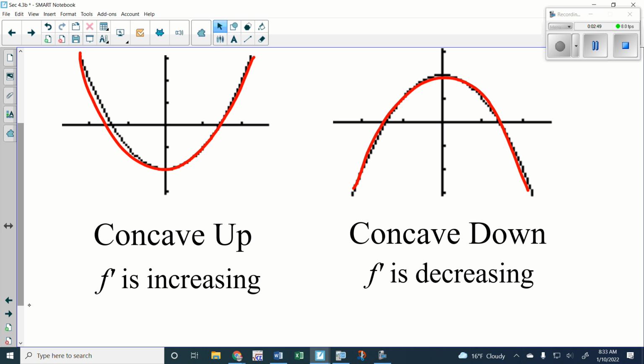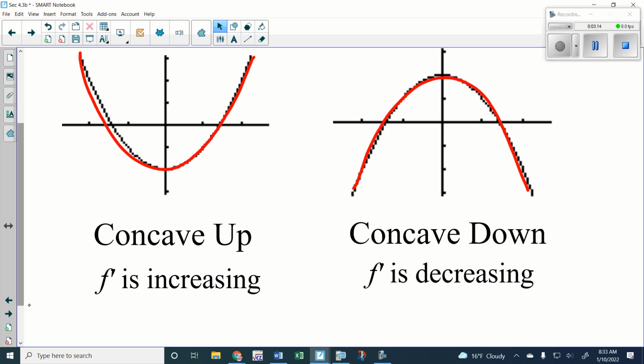How do we determine where a function is increasing? Sign analysis of the derivative, and you find your critical points. How do we determine where the derivative is increasing? The second derivative, and we're going to do sign analysis of the second derivative.